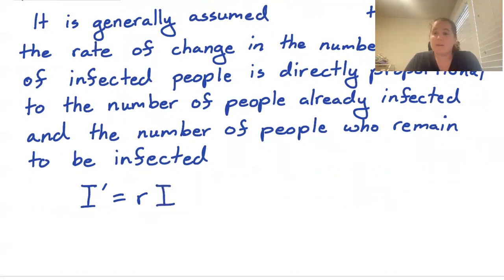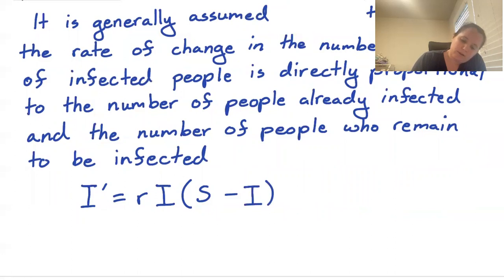So if each person is expected to infect, say, 2 people, R would be 2. And then we multiply this by S minus I. Here, S is the total number of people who could possibly become infected.